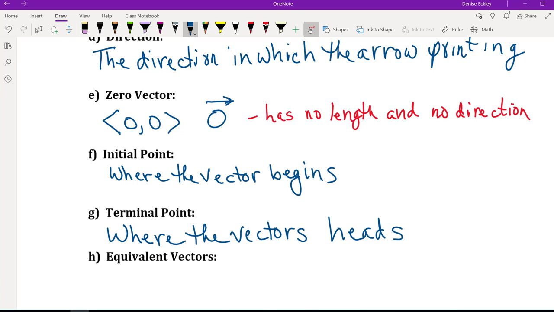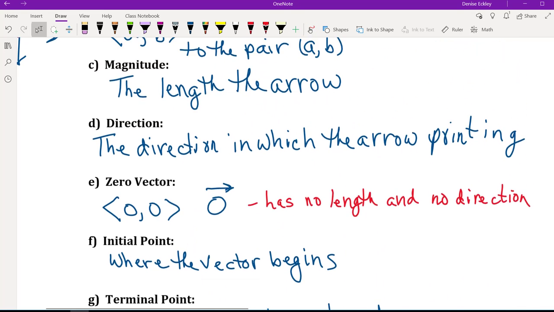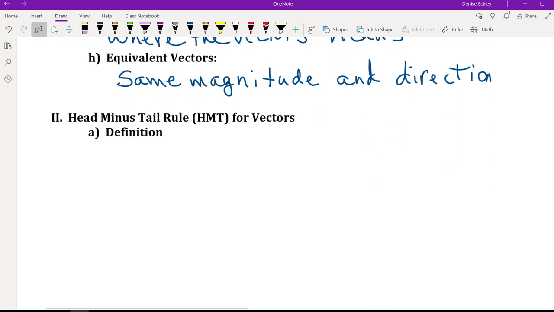And equivalent vectors are vectors that have the same magnitude and direction. Now these words are going to become very familiar because we're going to be using them quite a bit. So those are the words that we need to explain our vectors.